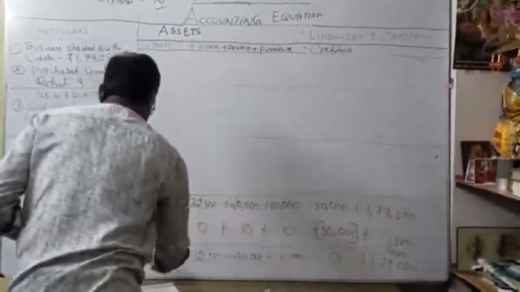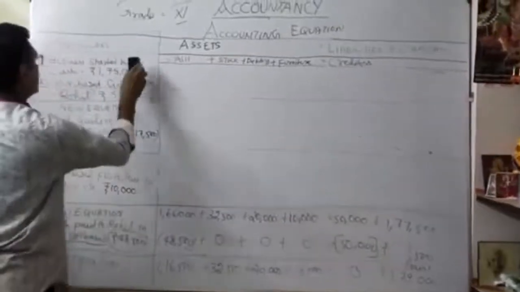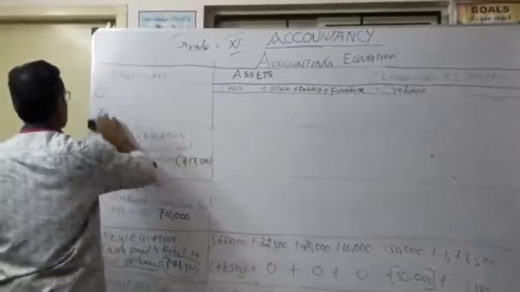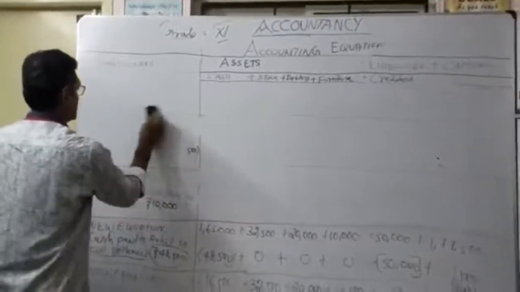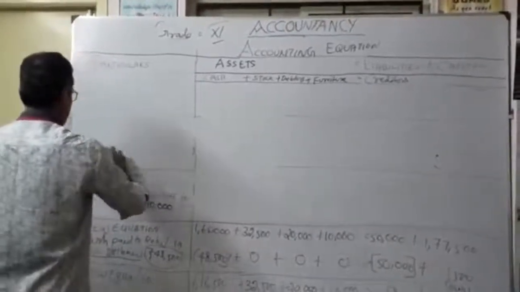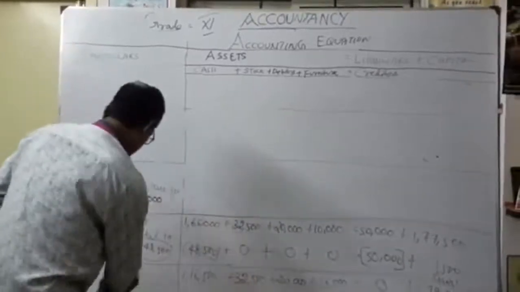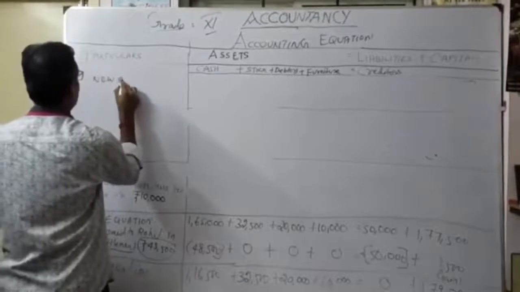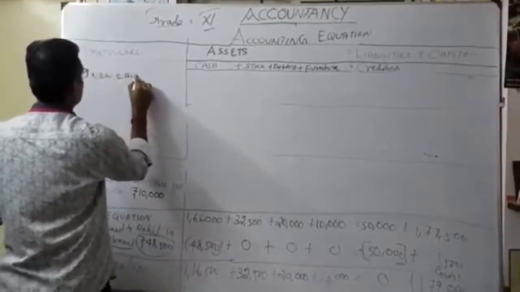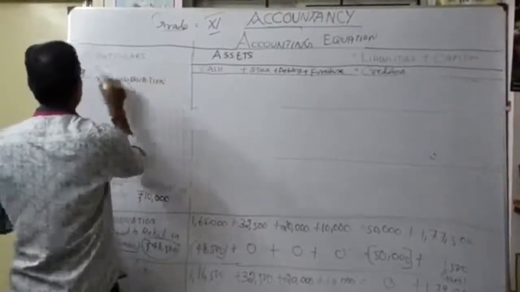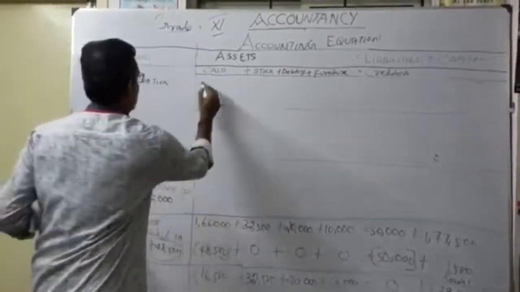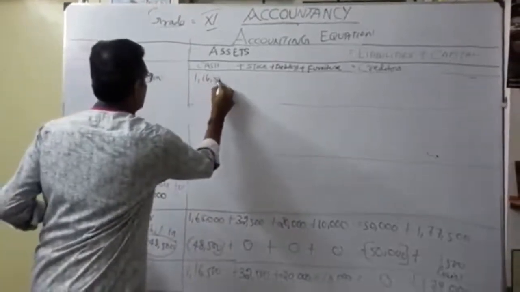So I carry over this equation here. I will say the new equation. So continuation going on. What is the new equation? 1,16,500.